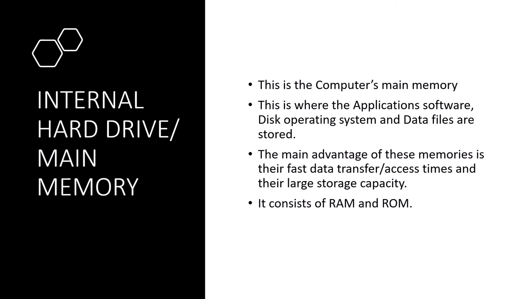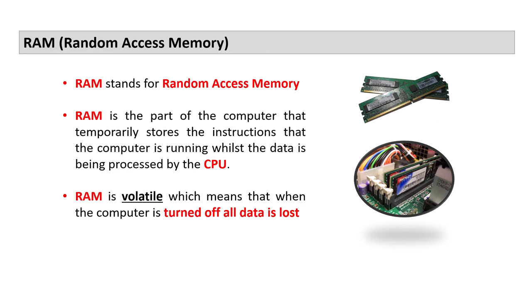The internal hard drive actually consists of two things, the RAM and the ROM. Maybe some of you remember the full form of this from previous years. Try to recollect. The RAM is the random access memory. It is the part of the computer which temporarily stores the instructions while your computer is running.